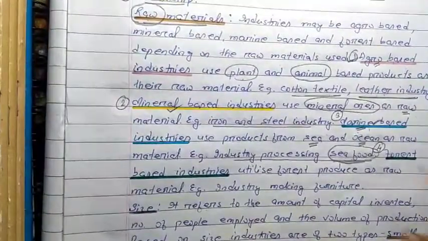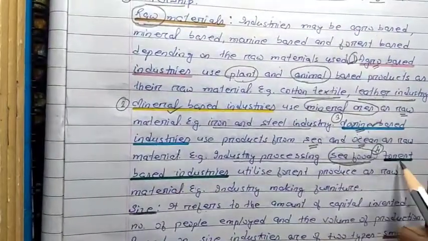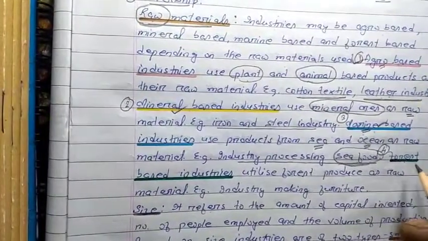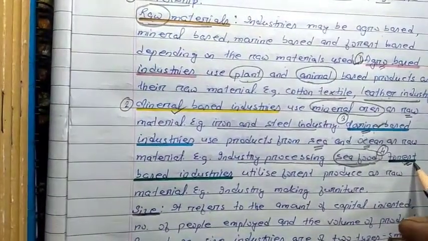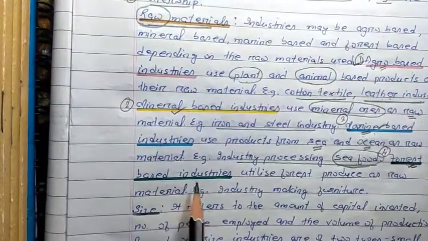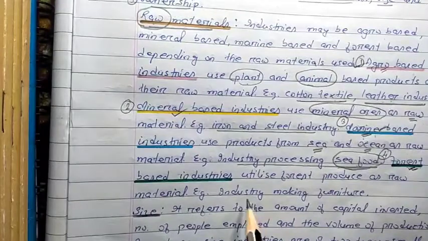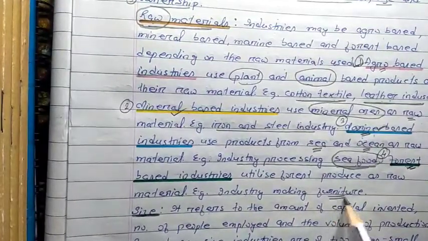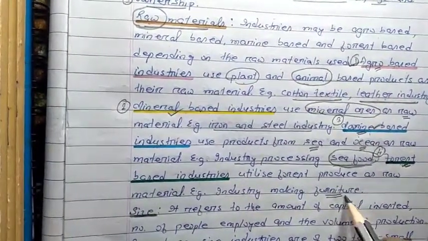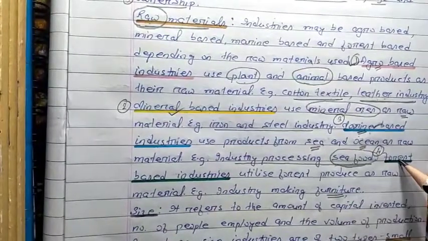The last one is forest-based industries. As the name suggests, forest-based means the industries that depend on forest products. Forest-based industries utilize forest produce as raw material. For example, industry making furniture. Furniture is generally made up of wood or canes, and these wood or canes are forest products.